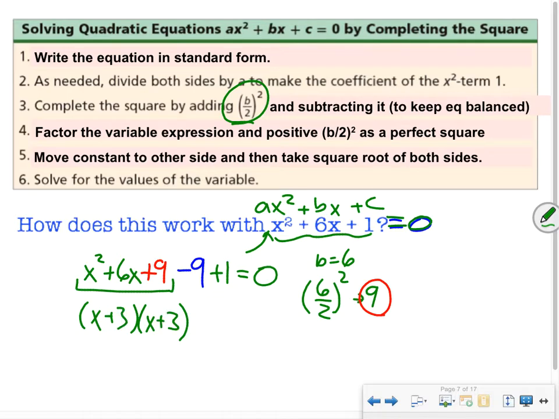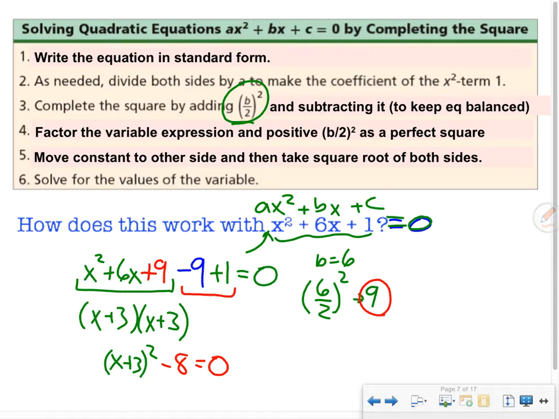Notice that's also what b divided by 2 is. That's always the case. So I could rewrite this part as x plus 3 squared. Then I've still got the minus 9 and the plus 1, so I've got minus 8 equals 0.